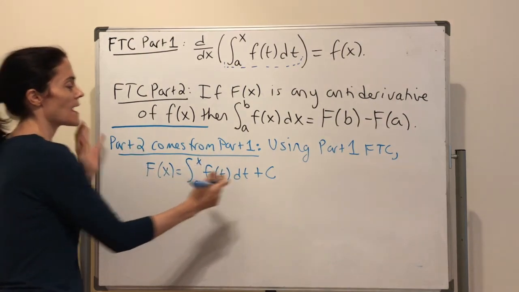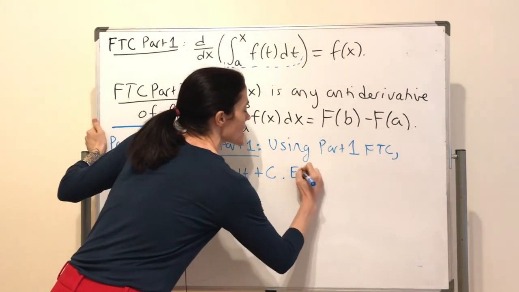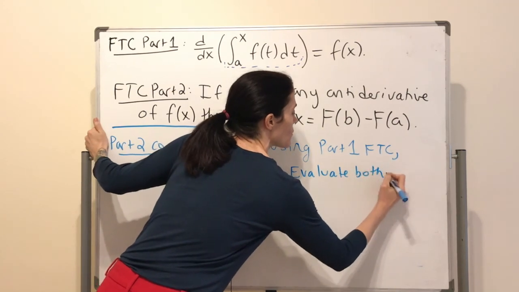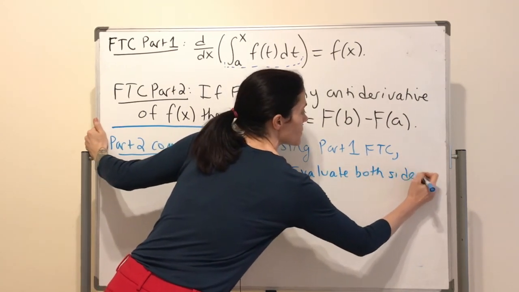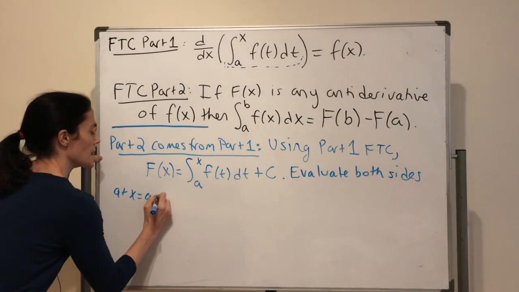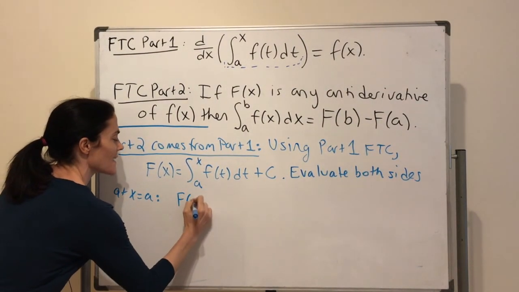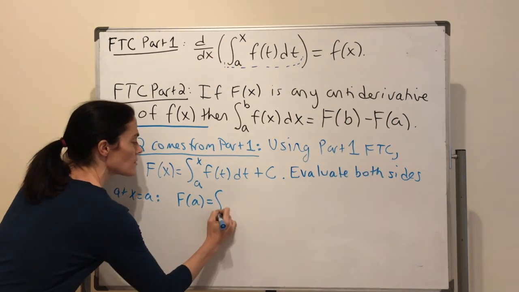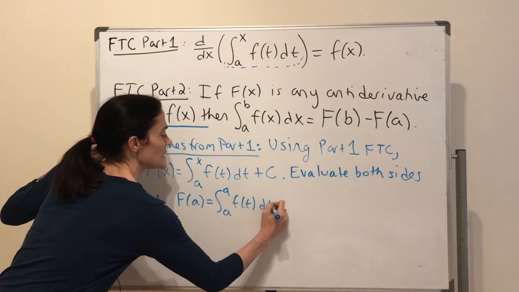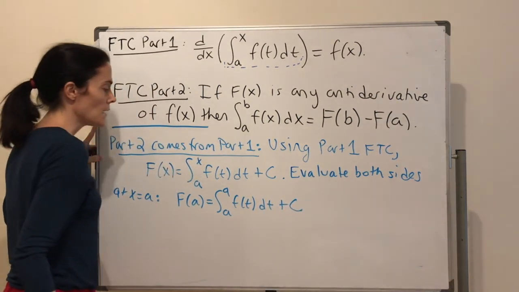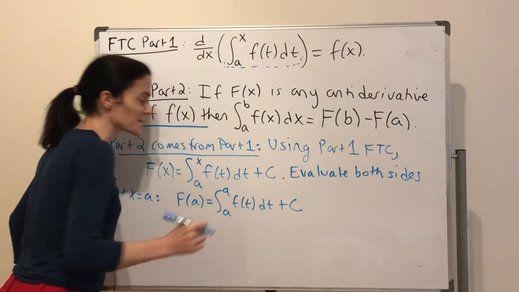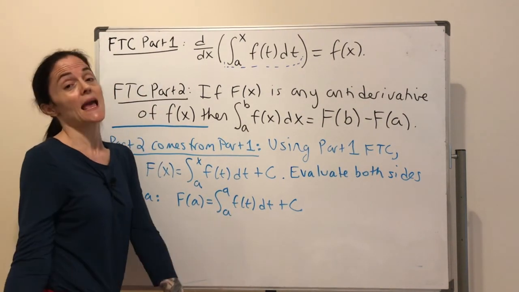Well, let's just evaluate both sides at x equals a. We get capital F of a is the integral from a to a of f of t dt plus c. Well, what is a definite integral where the lower and upper limits of integration are the same?